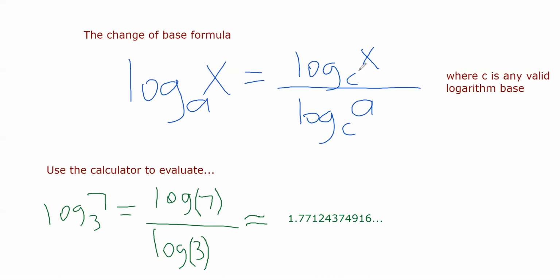What's cool is I stand by what I said: when we use this change of base formula, you can use any base you want, any logarithm base. That means I could use a log with a base of 10, or I could use a log with a base of e. I can do the natural log of 7 divided by the natural log of 3. So try that out. Go into your calculator, do ln of 7, make sure to close off the parentheses, then do divided by the ln of 3, close off that parentheses, and hit enter.